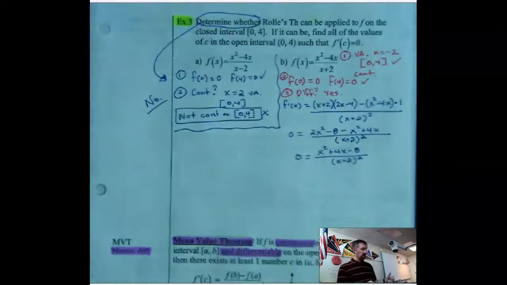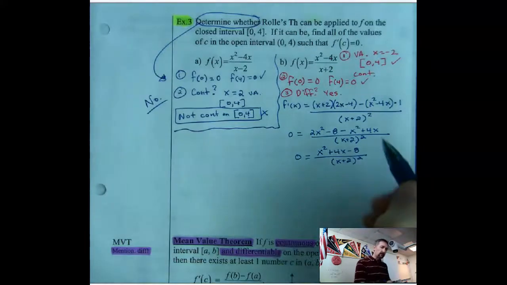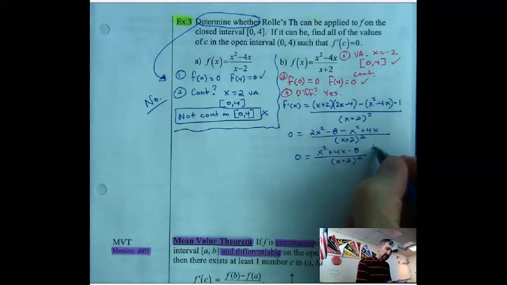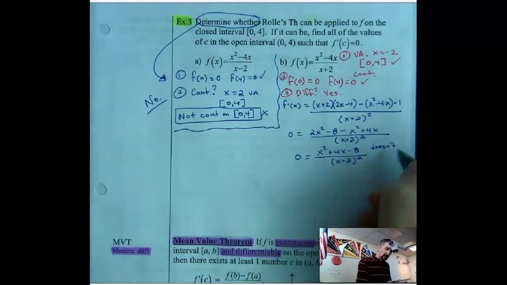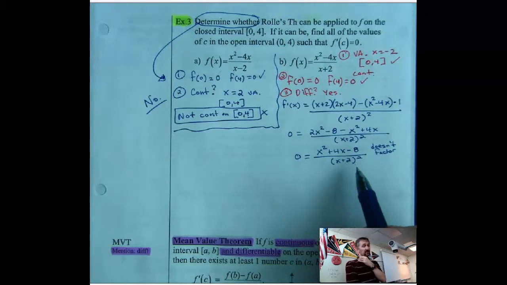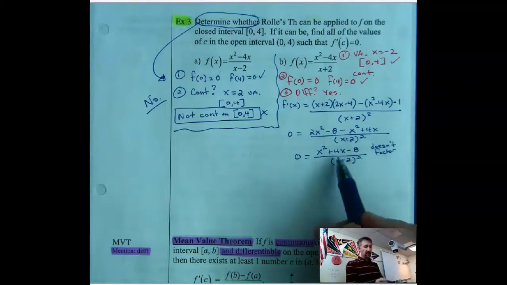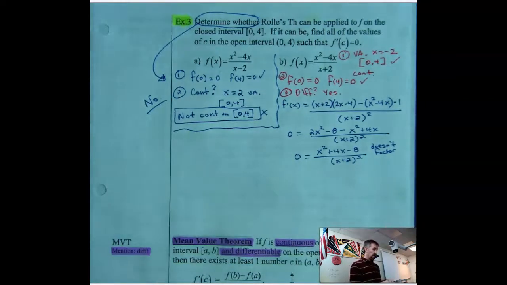Now, that numerator doesn't factor. You should be able to figure that out pretty quickly because your factors are going to be 1 and 8 and 2 and 4, and no combination of those is going to give you a 4 there.